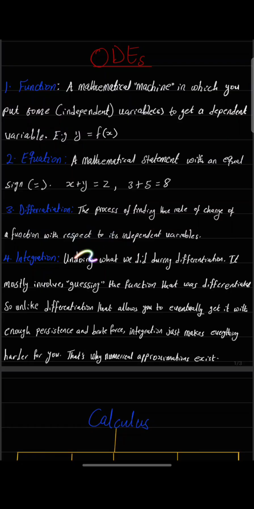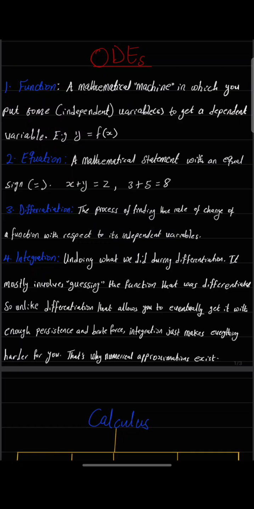Now, if you do that and you want to undo what you did in differentiation, you use a concept called integration, okay? But integration involves a lot of guessing. The function is not always known. You can't use a brute force method like you do in differentiation. You can always try to use tricks, and you finally get to the answer.